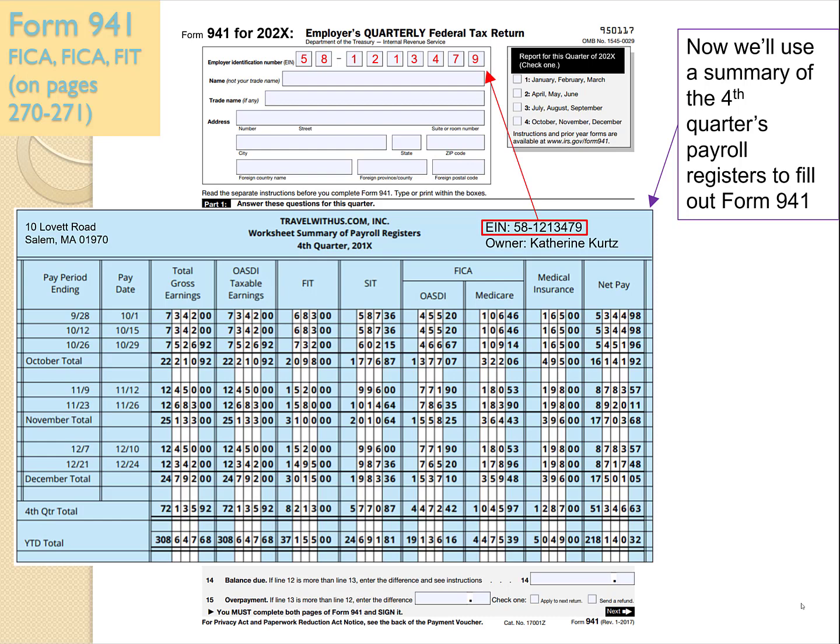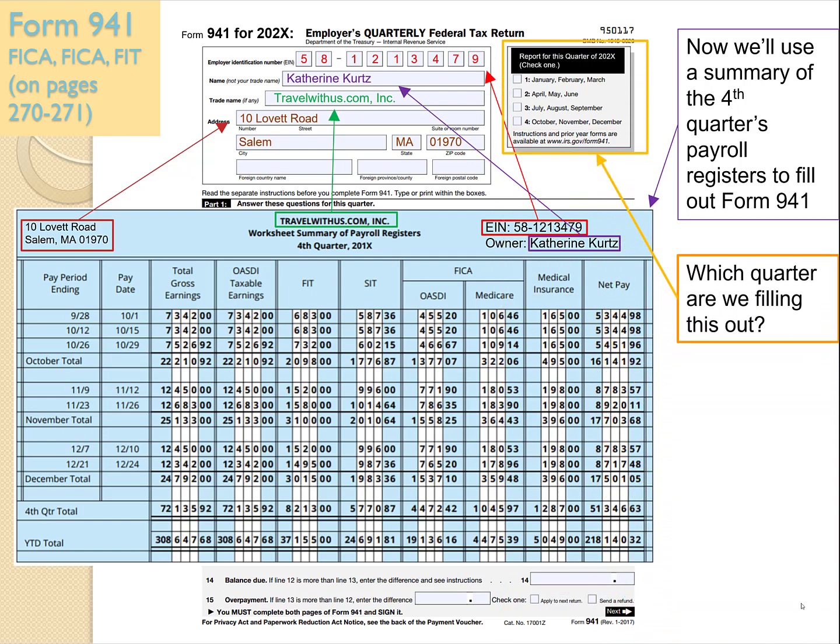In the name field, you're going to put Catherine Kurtz. And trade name is the name of the company, travelwithus.com. And then we also have the address, 10 Lovett Road, Salem, Massachusetts, 01970.